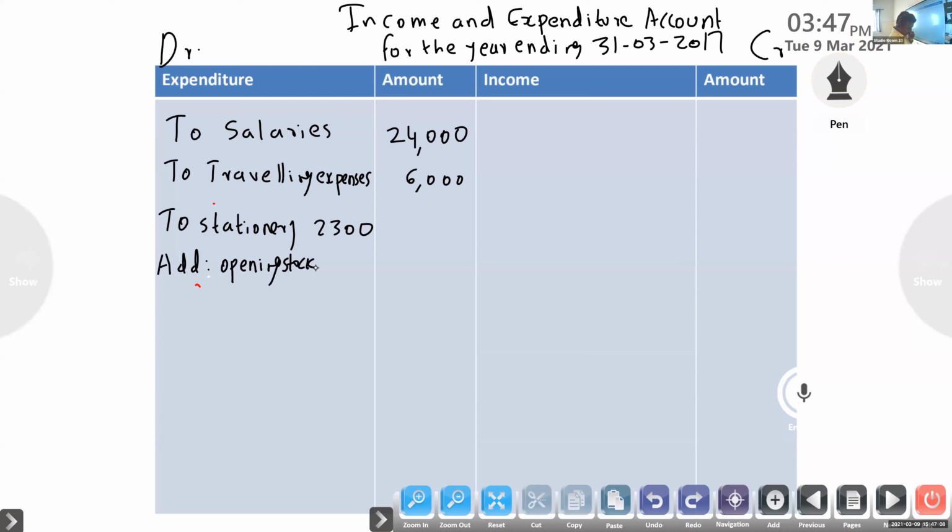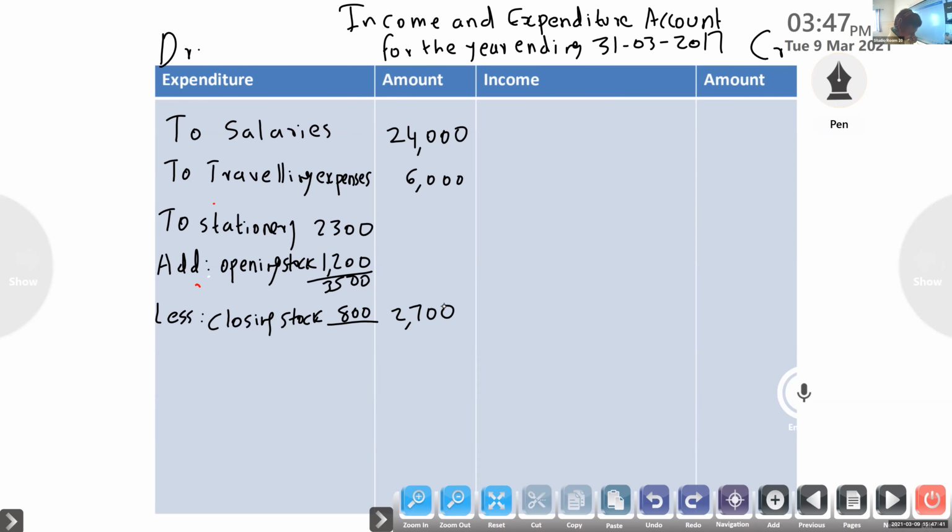Already we studied consumable adjustment. Opening stock. Next item, rent.